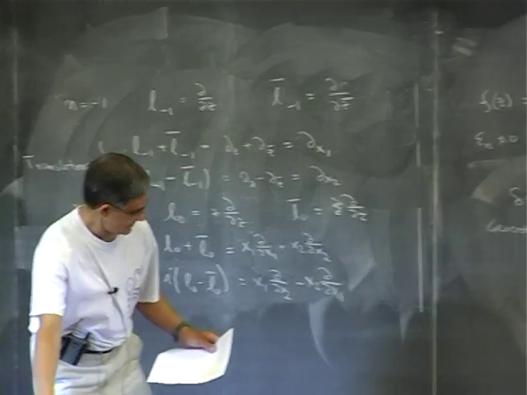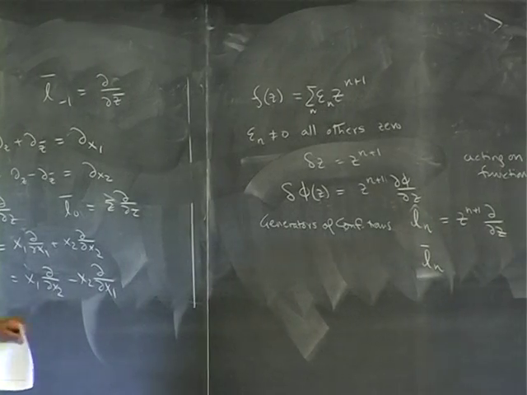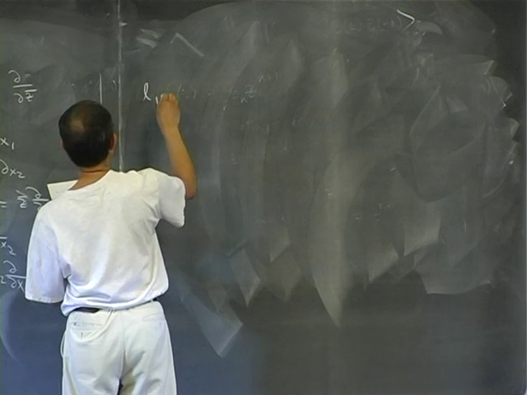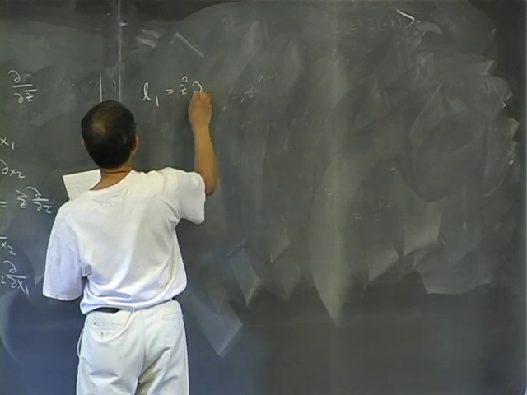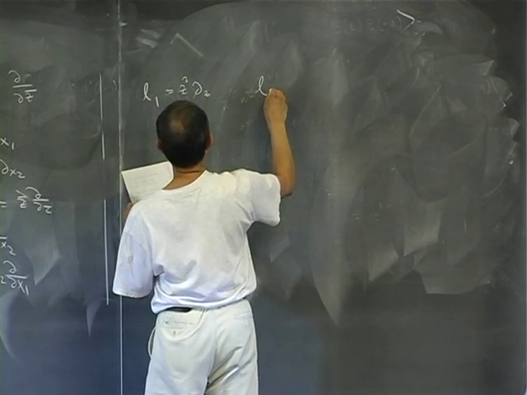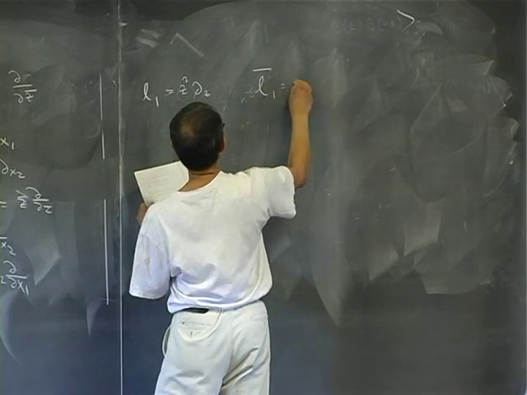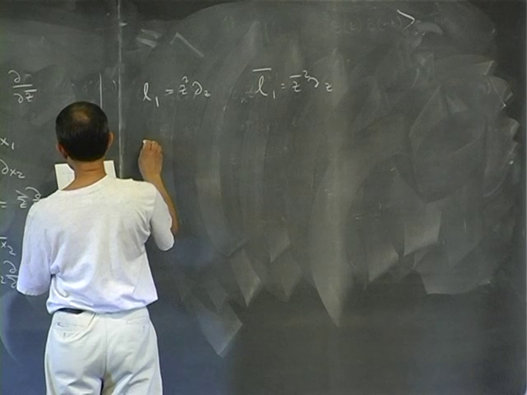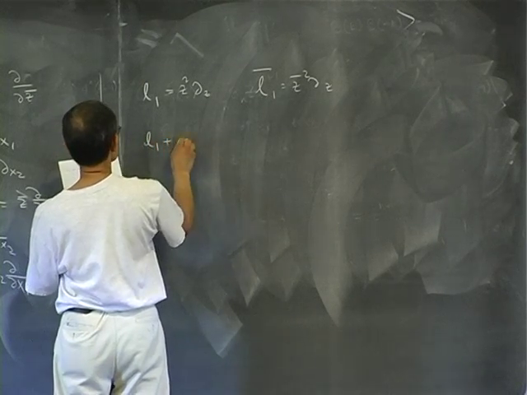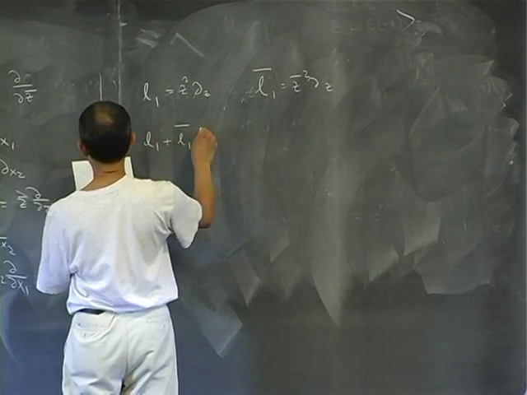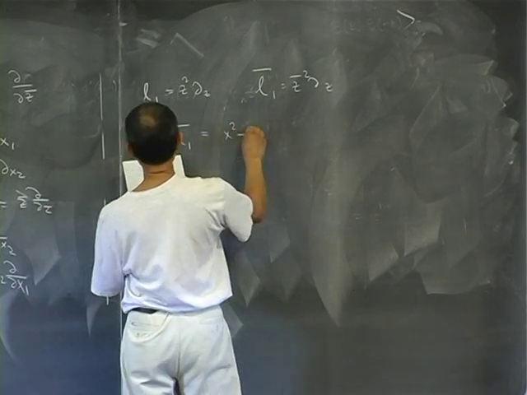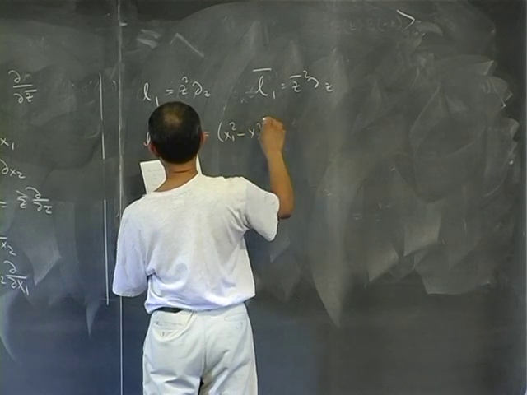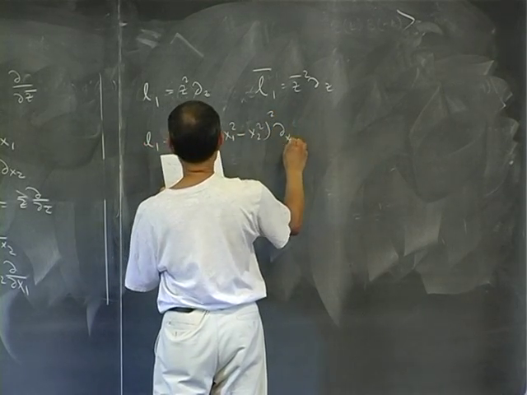There is L plus 1, that's z squared del del z, and L bar plus 1 is z bar squared del del z bar. And then what you find is L1 plus L1 bar is x1 squared minus x2 squared del del x1.